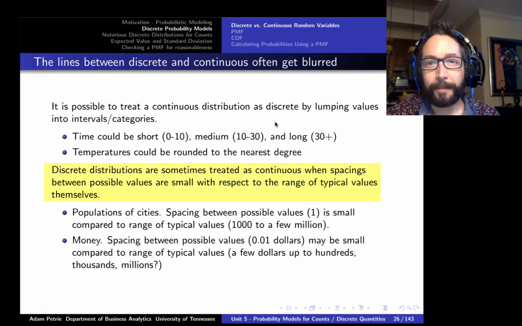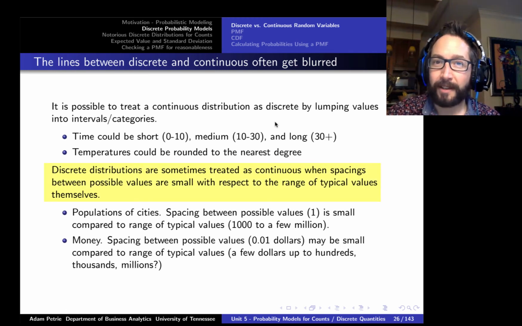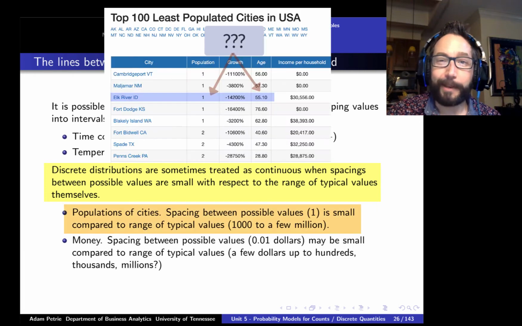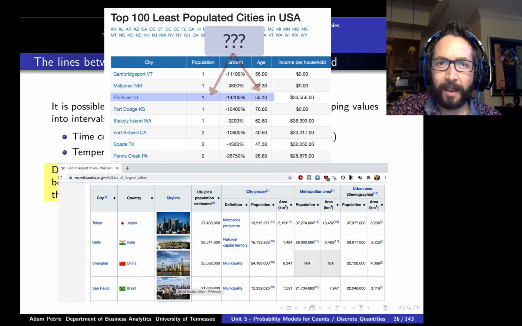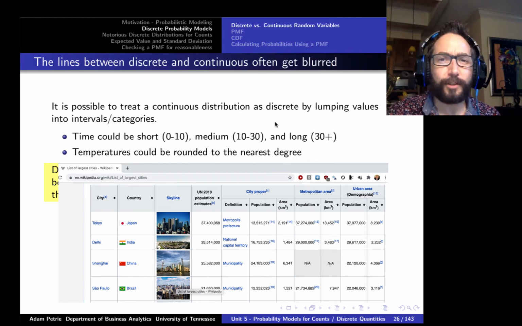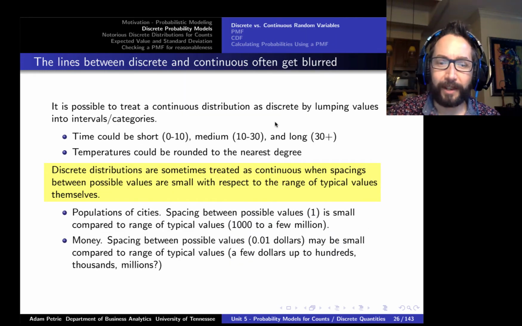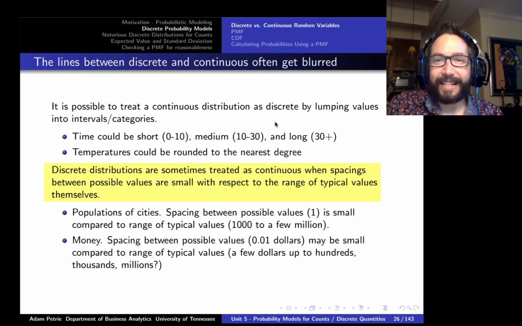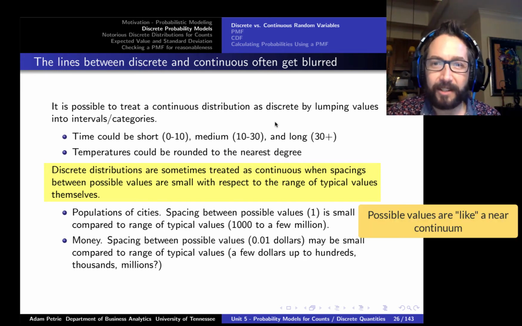If we're going to study something like the population of cities, technically that would go from maybe 1, 2, 3, up into the millions, tens of millions even. For all intents and purposes, there are so many possible values, and the minimum spacing between possible values is so tiny compared to the range of values we might see, that it's like we have a near continuum of values.